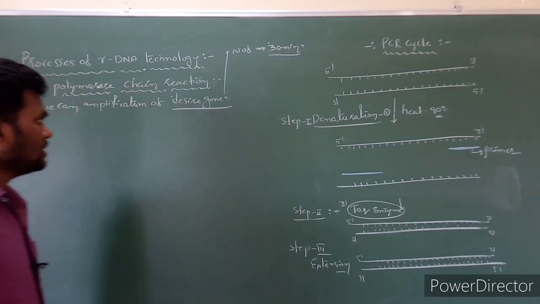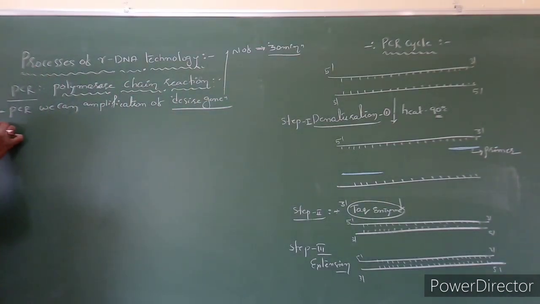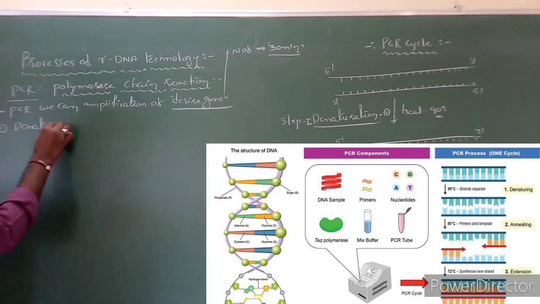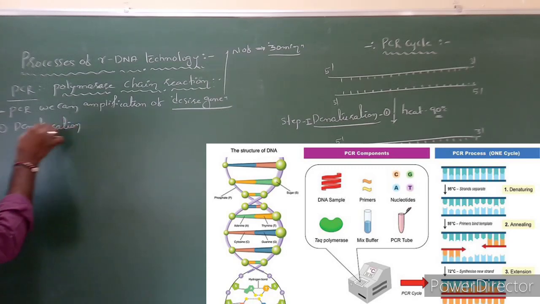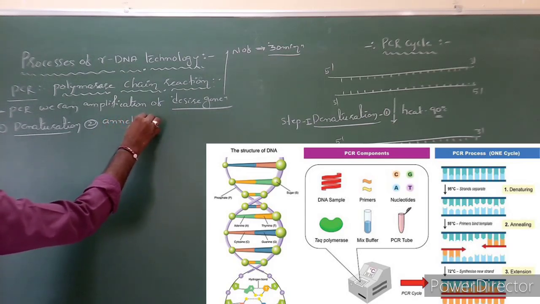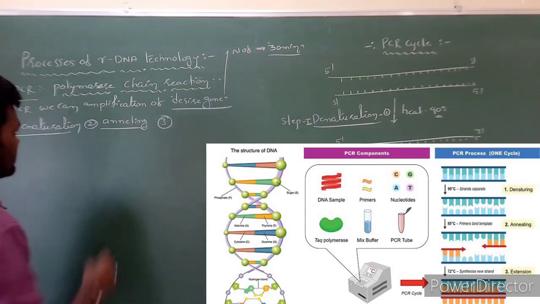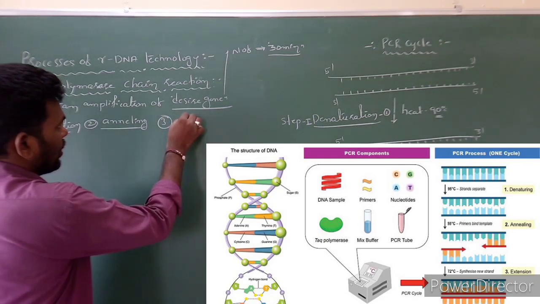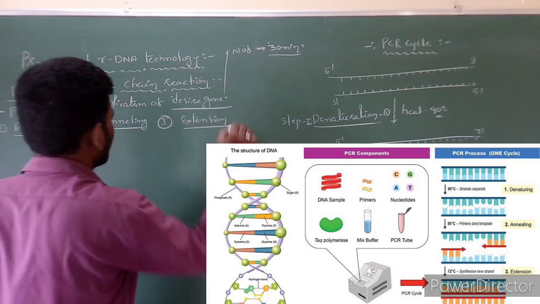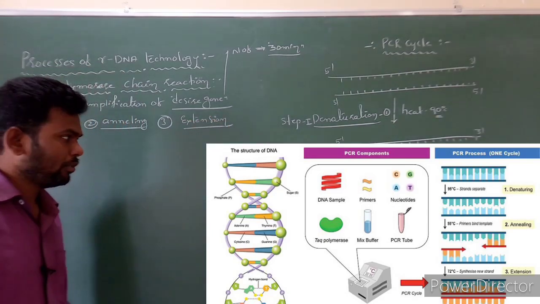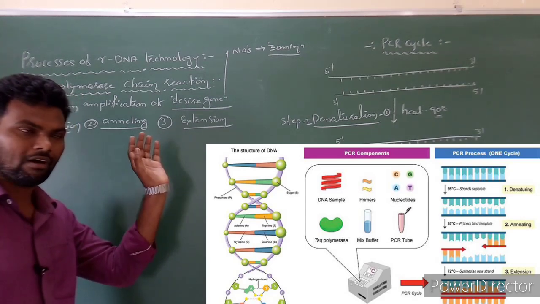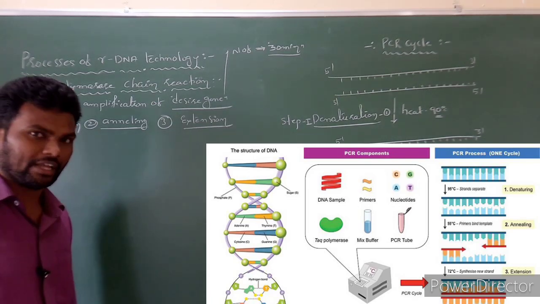Mainly 3 steps are there. The first step is denaturation, the second step is annealing, and the third step is extension, nothing but polymerization. Before knowing the working mechanism of the PCR cycle, we have to know what is required for extension of DNA.